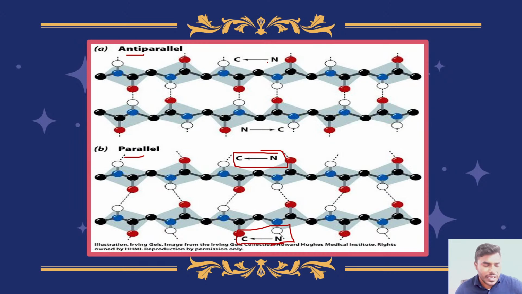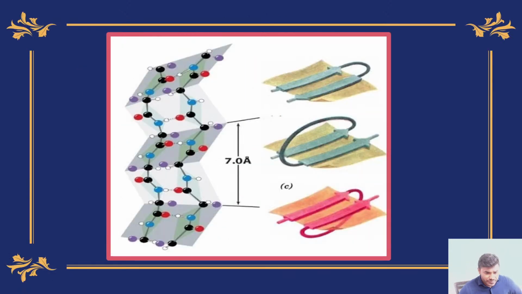But if you look into the anti-parallel, one strand is moving N terminal to C terminal domain, another one is moving in the opposite direction. That's the reason we can say that both are anti-parallel in nature. So the beta pleated sheets contain strands that exhibit in the parallel as well as the anti-parallel.